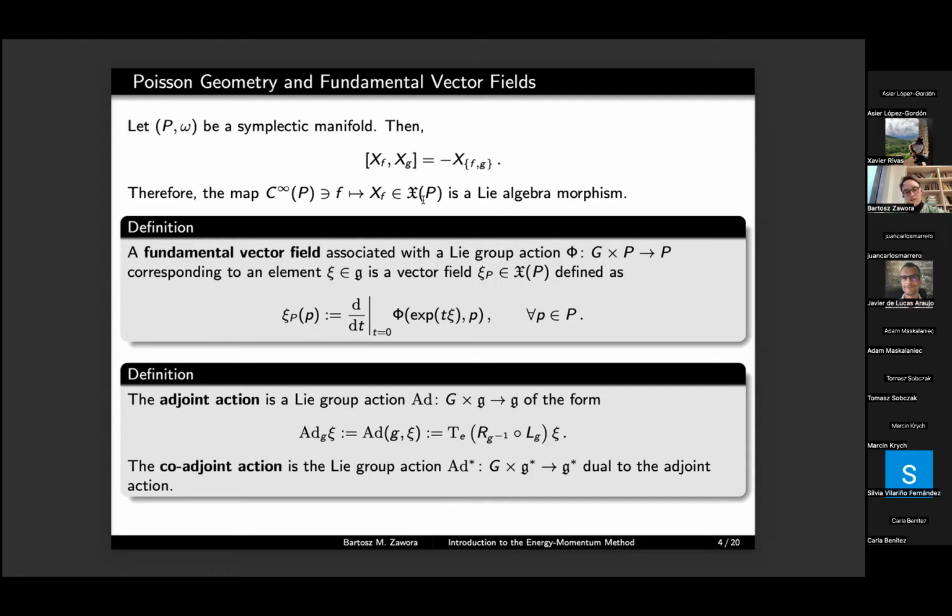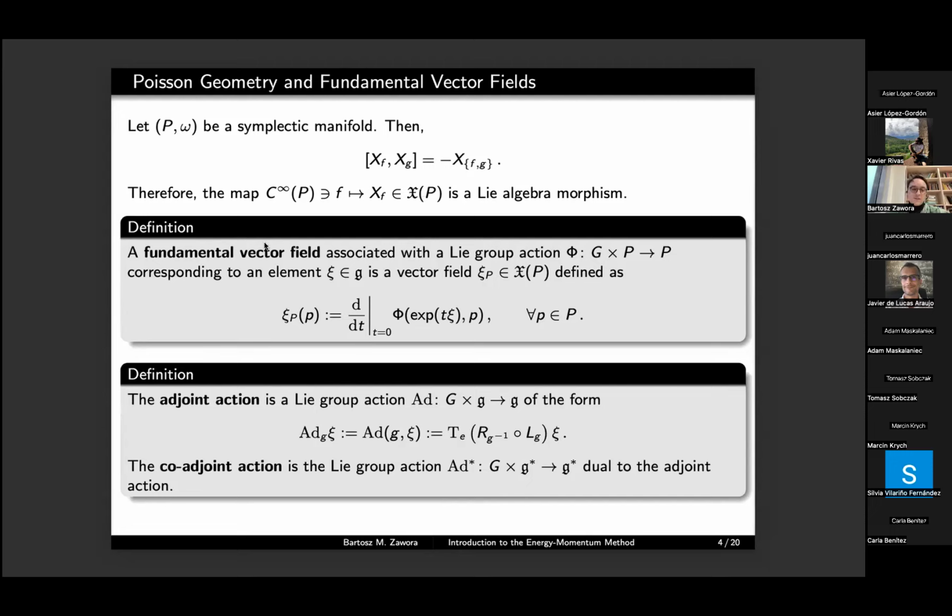So, as I already told you, we'll deal with Lie group actions, Lie symmetries. We will be concerned with fundamental vector fields, which are basically vector fields tangent to the orbit generated by a Lie group.